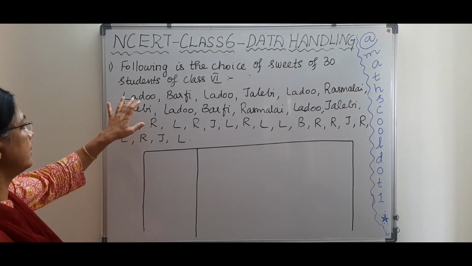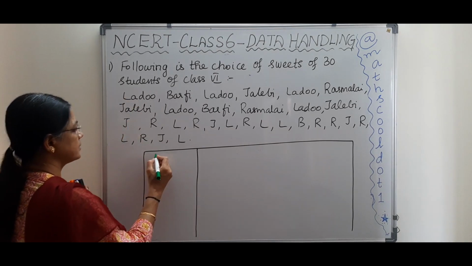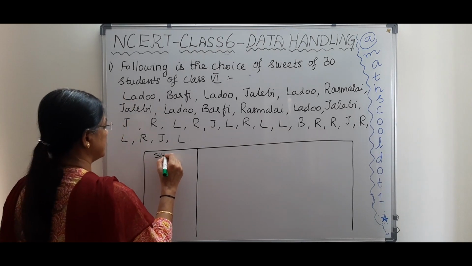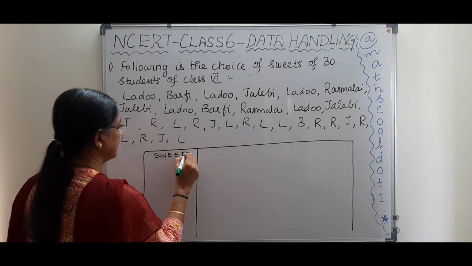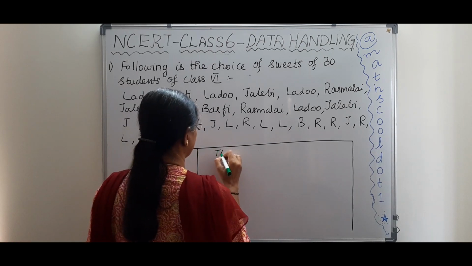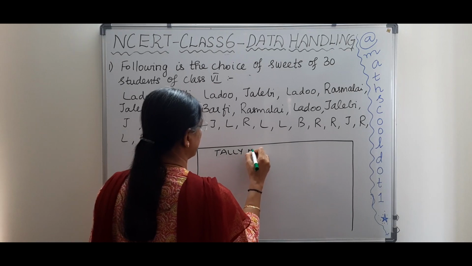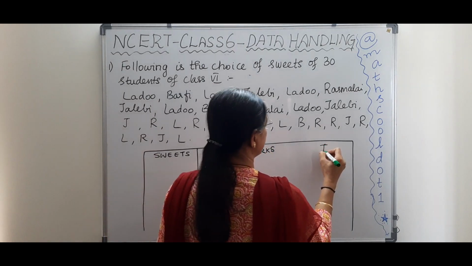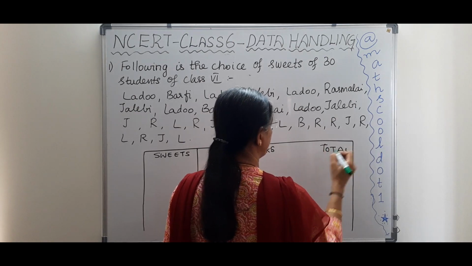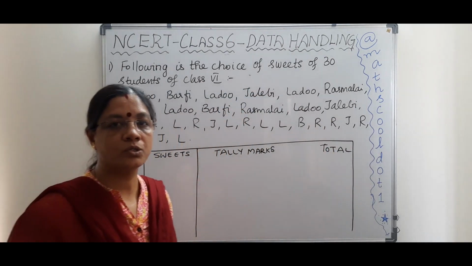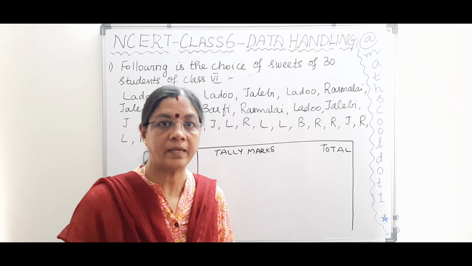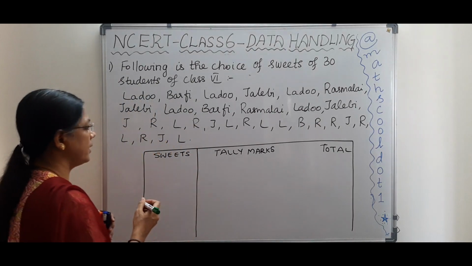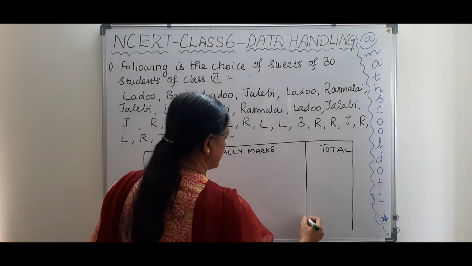This will be the sweets column, this will be the tally mark column, and this will be the total. We should be able to get the total number of likes for the particular sweet.